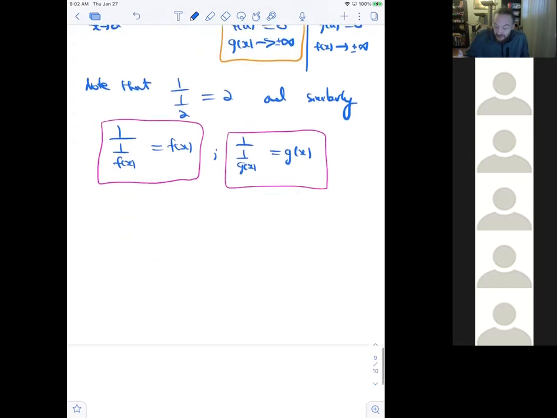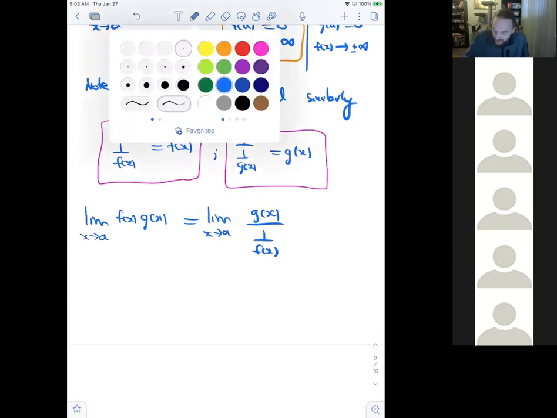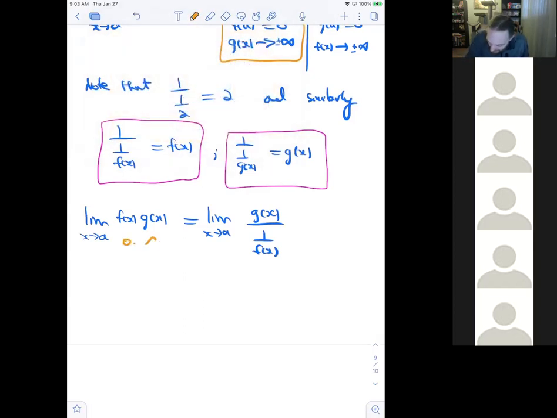Why is this useful? Then I can turn this limit, the limit as x approaches a of f of x over g of x, I can write as the limit as x approaches a of g of x over 1 over f of x. Why does that help me? Well, if this was 0 times infinity type, if f was going to 0 at a, 1 over f goes to infinity.